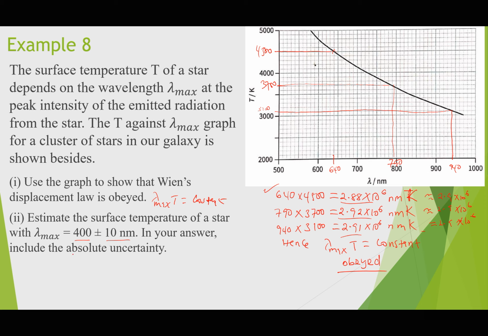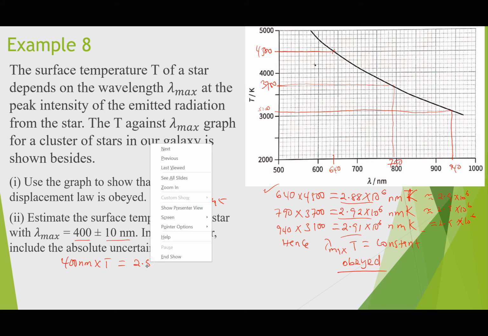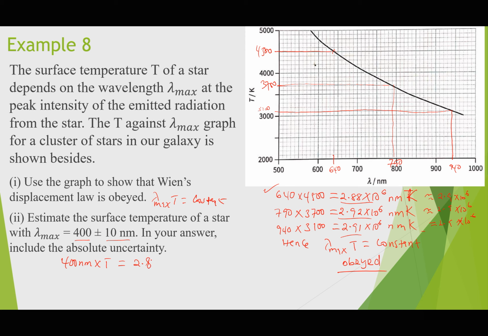Remember, lambda max times T is equal to a constant, so I'll say 400 nanometers times the unknown temperature is equal to a constant, which I will take as 2.88 times 10 to the power of 6. I've just taken the first one.